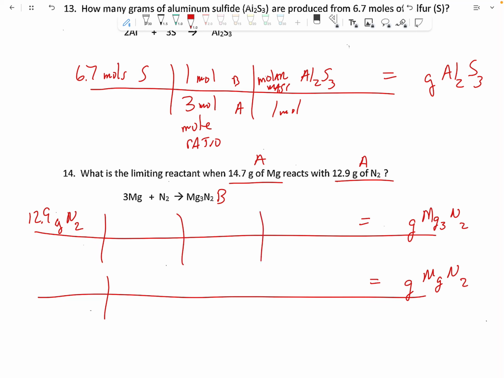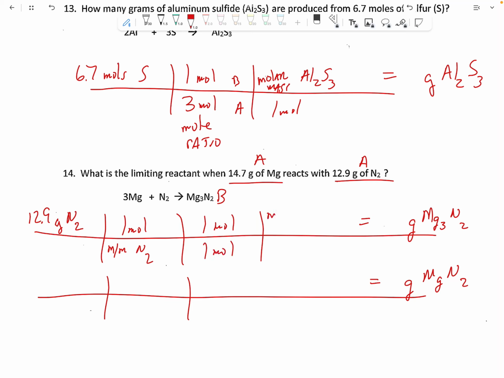And so the setup goes like this. You have the molar mass of the nitrogen right here. So molar mass of the N2, and 1 mole's over that. You have the mole ratio, which is next. And that's going to be 1 mole here and 1 mole here.